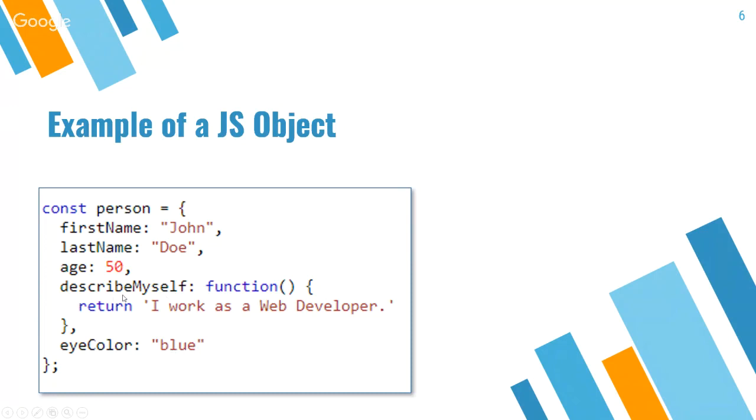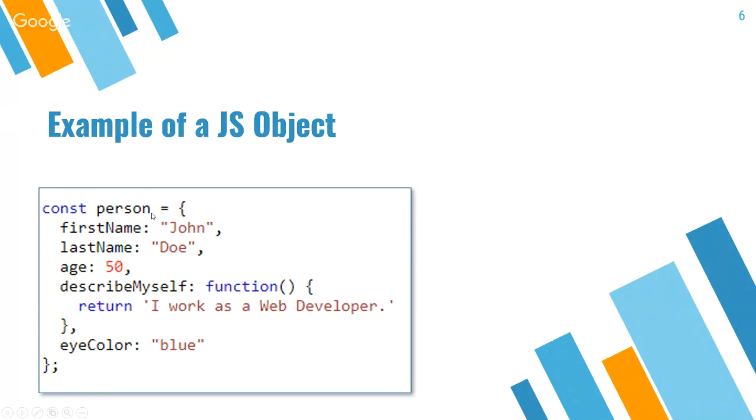Here we have the method describe myself, which as you can see is just a function. It just returns a string here: I work as a web developer. To access any of the values, we can use a number of techniques, but essentially what's most commonly used is to access the object by typing in person.